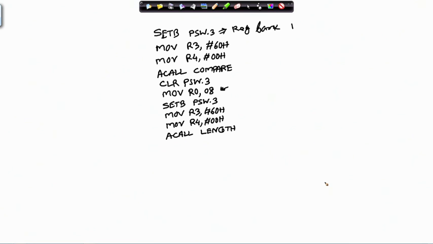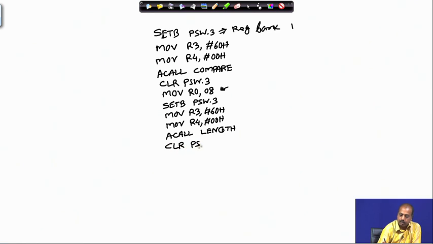For that purpose, I clear this PSW.3 bit, so that we come back to the previous register bank 0, and then write MOV R1, 09, so that from register R1 of bank 1 the value will come to register 1 of the current bank, or the original bank 0.